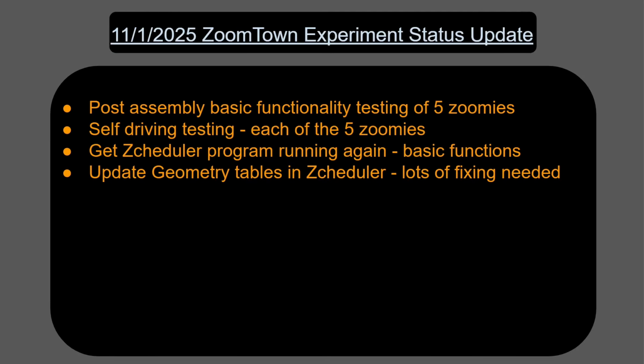Once I get that up and running, the next step is to update the geometry tables in the scheduler. There's a lot of changes I've done in there that are driven by the changes I've made in the Zoomie control program in how I want it to move and how each move needs to be designed, or defined, I guess is the better word.